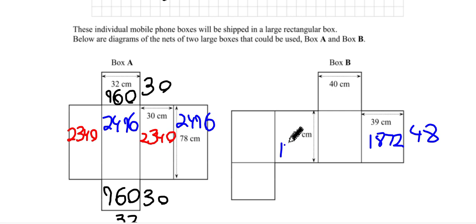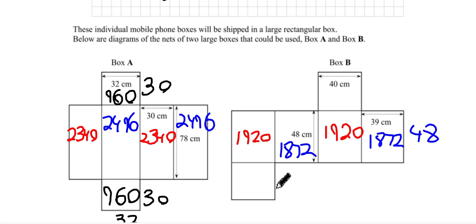And that means this one's also 1872. Now, I think we can get this one, can't we? I think that's 40 by 48. So what's 40 by 48? 1,920.